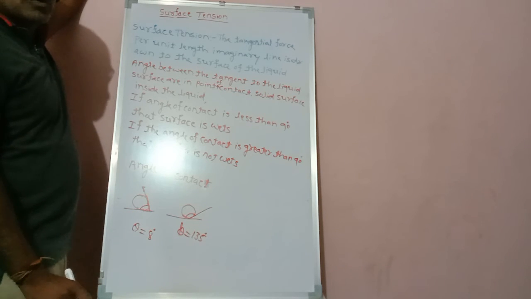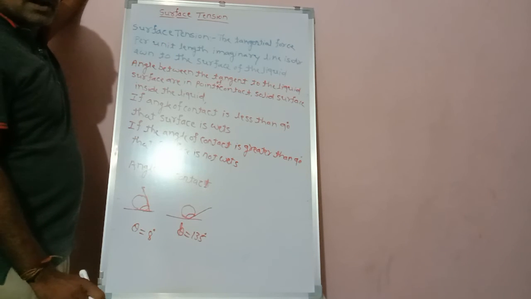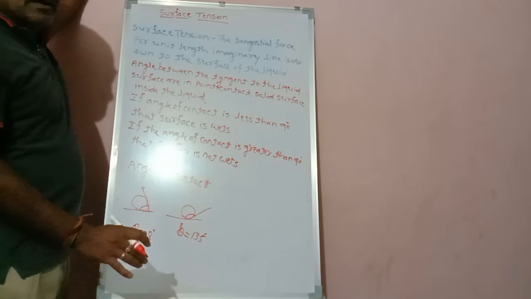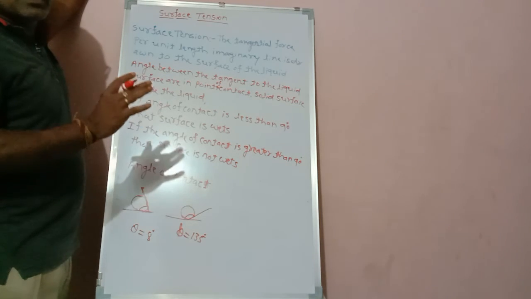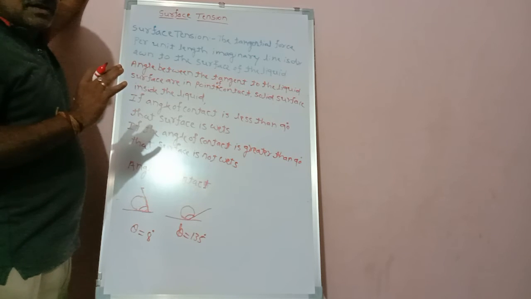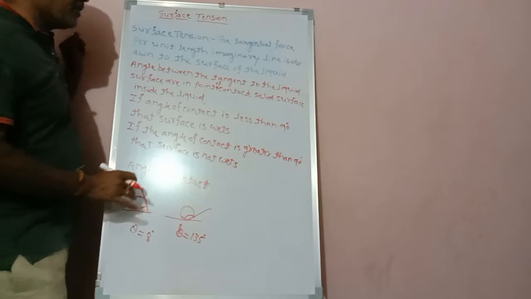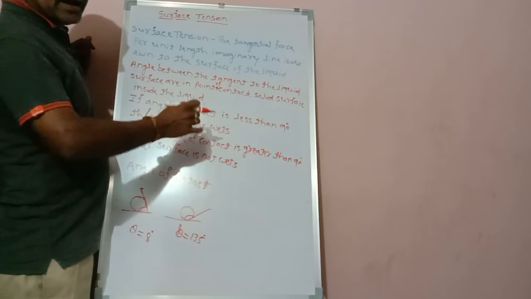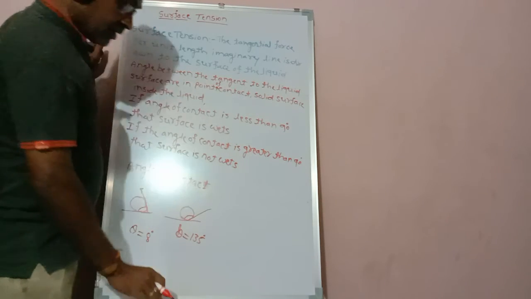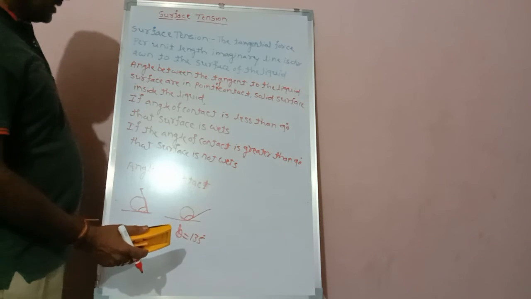And suppose water is taken in a silver glass, then that water drop does not wet the silver glass surface, because the angle of contact is slightly greater than 90 degrees, or the angle of contact of silver is about 90 degrees.